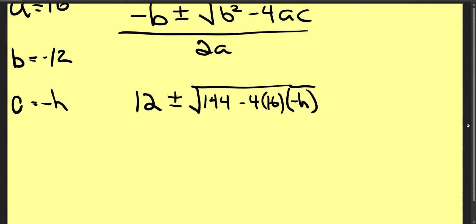Right side here, I've got negative 4 times negative h, which is positive. So that's going to be the square root of 144 plus, what did I say that was? Negative 4 times negative h is positive 4h, times 16 will be 64h.